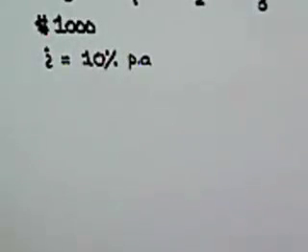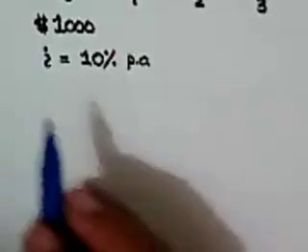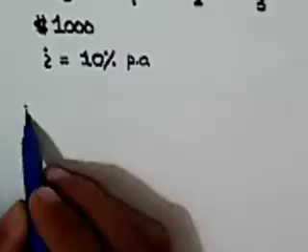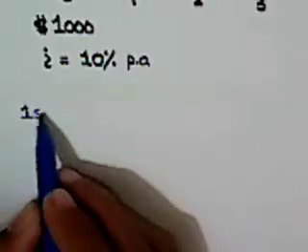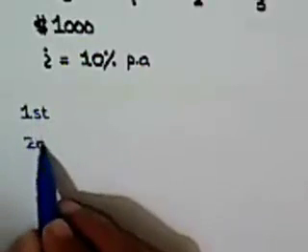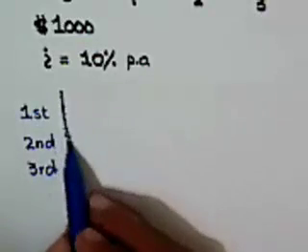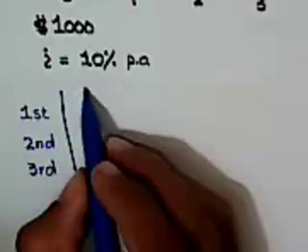So this is to calculate the interest values. Let's make a table. For example, at the end of first year, at the end of second year, and at the end of third year. So how much is the outstanding amount?